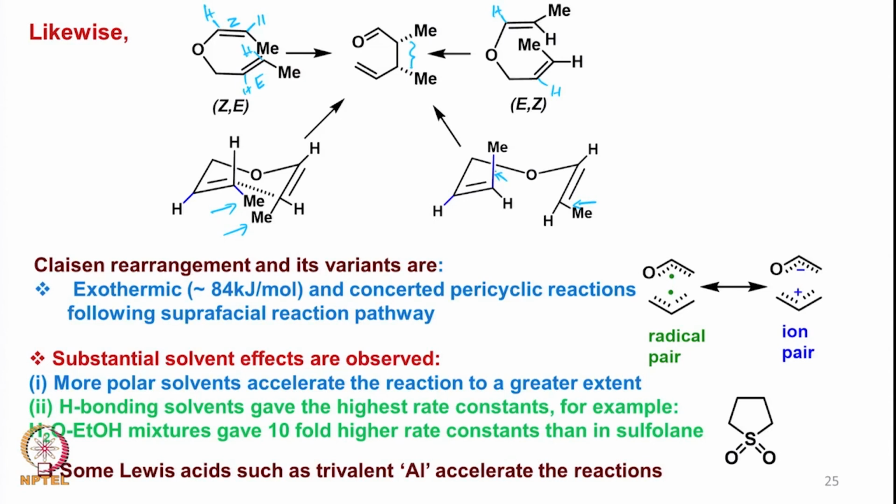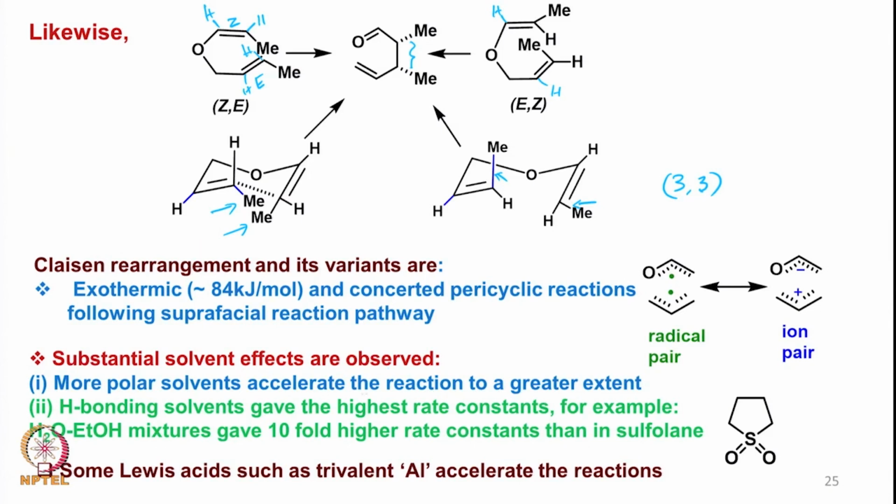Now these Claisen rearrangements and its variants are basically exothermic reactions, as you can see 84 kilojoule per mole, and they are concerted pericyclic reactions following suprafacial reaction pathways. So basically there are three sigmatropic rearrangements, which is the pericyclic reaction, but there are substantial solvent effects that are observed.